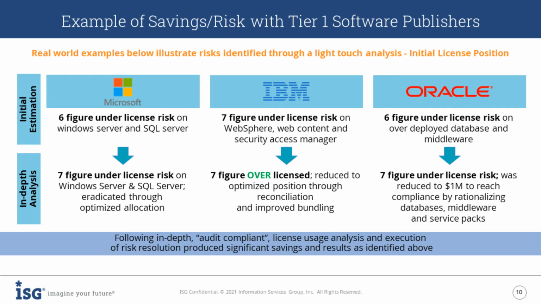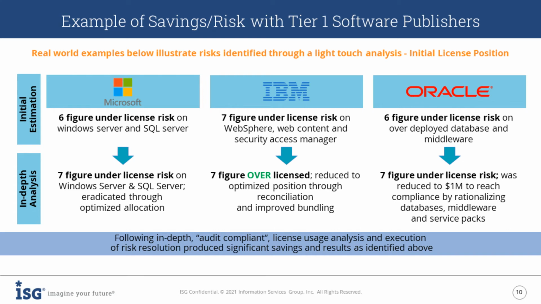In this next set of scenarios, these were not audit scenarios, but I wanted to share with you some Tier 1 software publishers and real-world examples of how risks were identified through a light touch analysis, what we call an initial license position, and then as some follow-up work was performed to clean up the environment, how it can actually bring these particular scenarios in line with the entitlements that these clients owned.